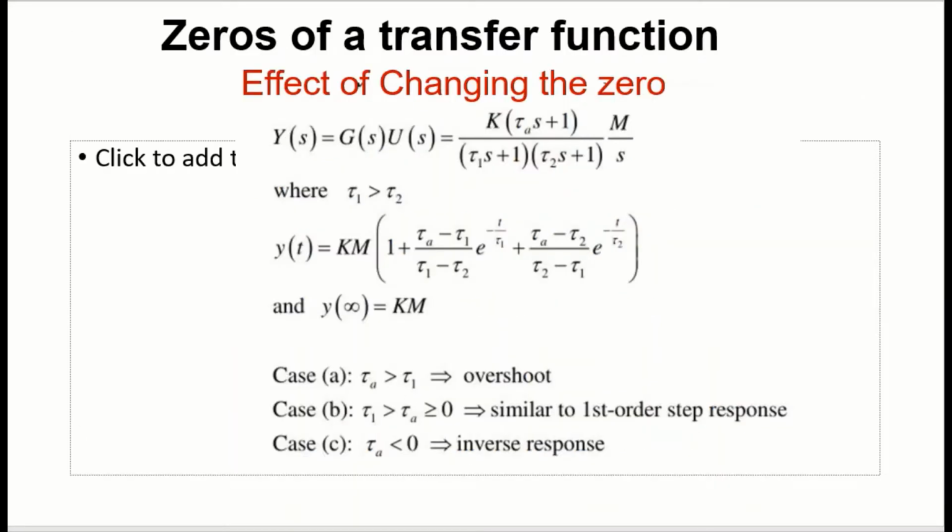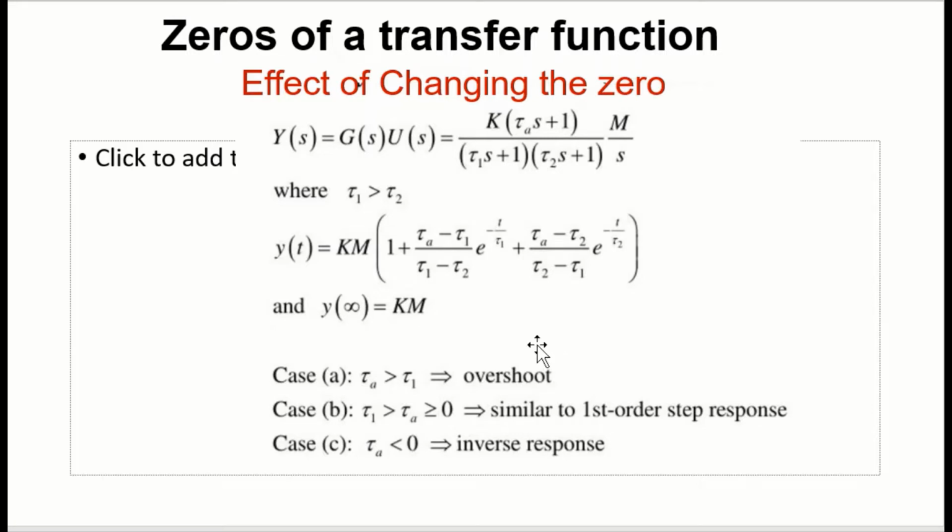So let's have a quick look at changing, say, a pole or a zero to see what effect that might have on the dynamical response of the system. Here's a little system which has one zero and two poles, and we can change the zero in the system to look at what happens. If the zero is bigger than the biggest of these two, then we're going to get what's called overshoot in the system.